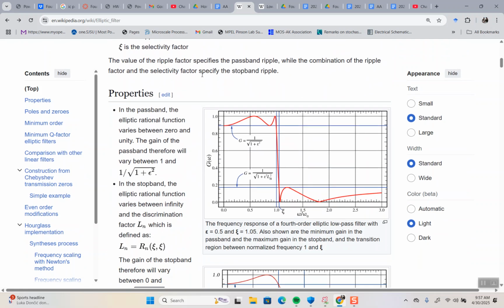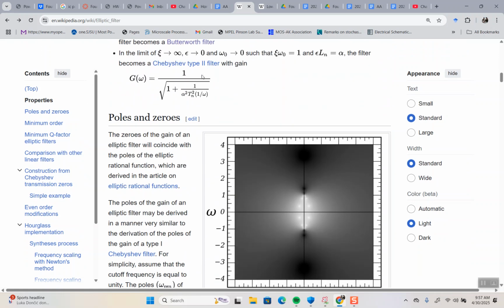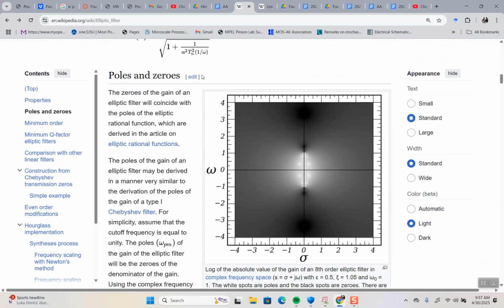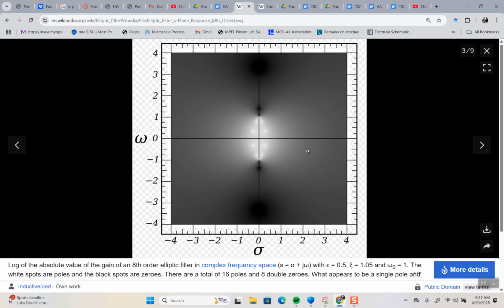Elliptical has that Bode plot, and the poles are distributed in an ellipse. Now understand, you don't use these in your filter design, because if you did, it would be out of control.